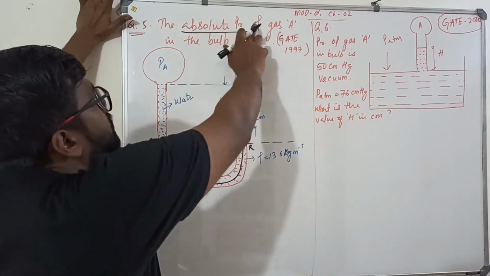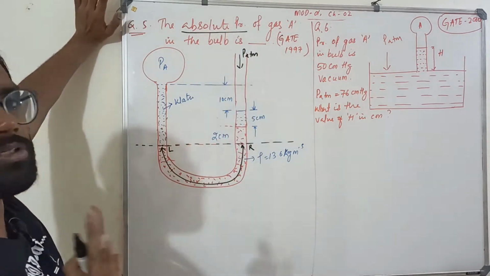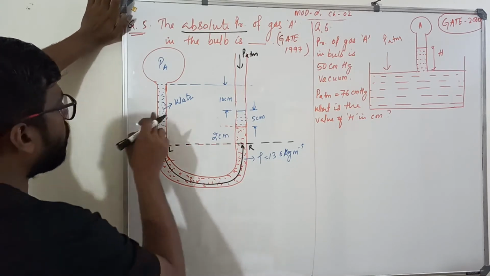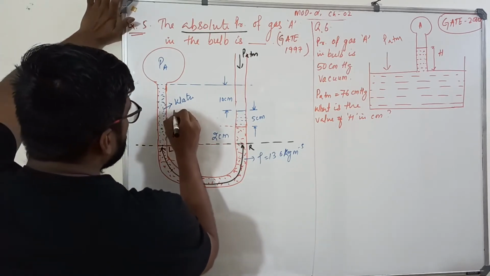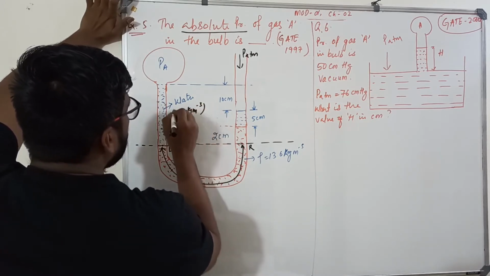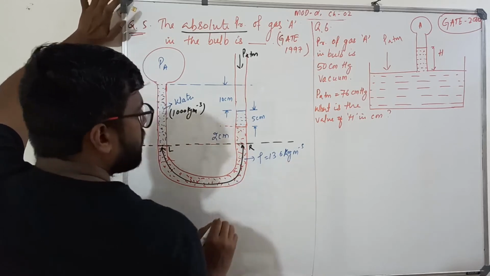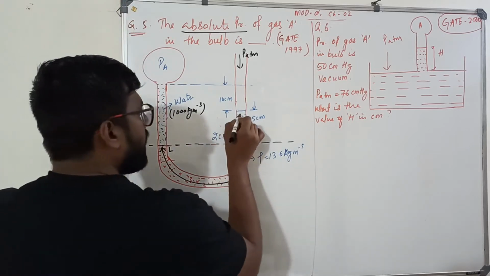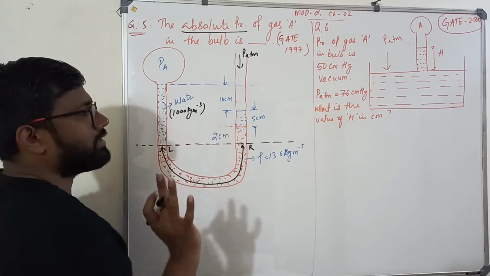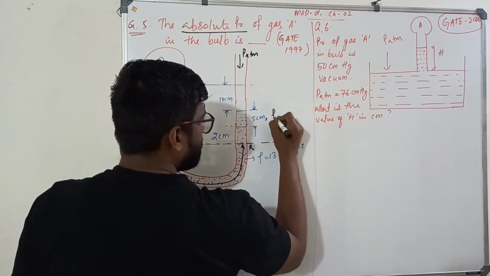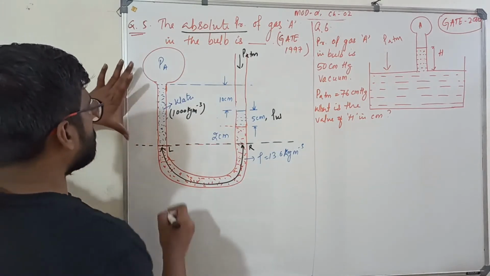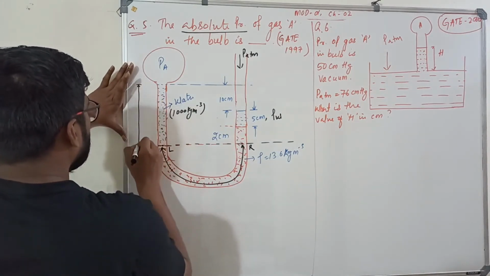Absolute pressure they have asked, so everything you have to take in SI units. Density of water is 1000 kg per meter cube. The manometric fluid is given as 13.6, in thousand kg per meter cube. Both sides are blue, which means both have the same liquid, so this 5 centimeter is also water.